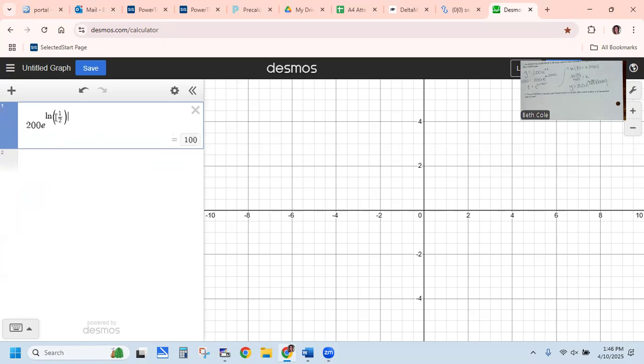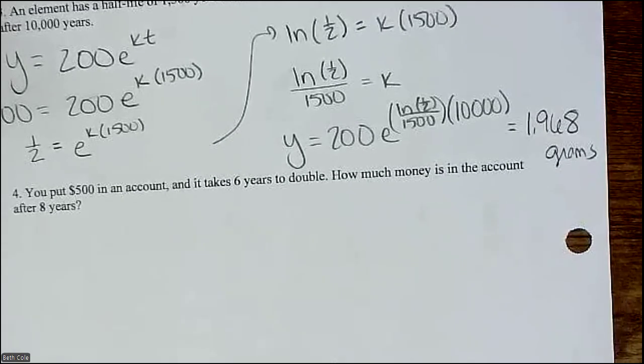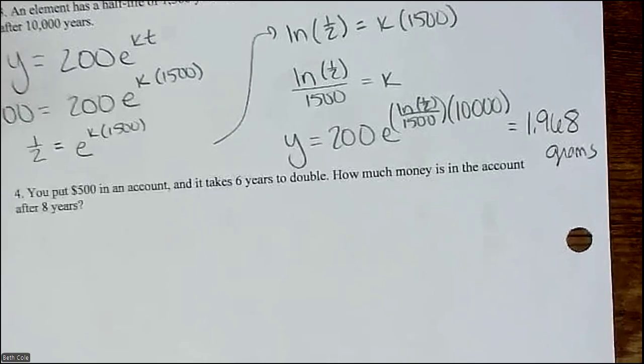That's right. ln of 1/2, want just that part divided by 1500, and then I want to do times 10,000. 1.968 grams. Well, you started with 200 though, so what did you say? What was your guess? Oh, you got that. Oh, good job.